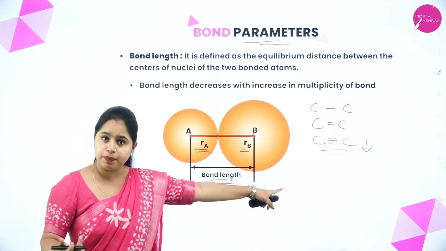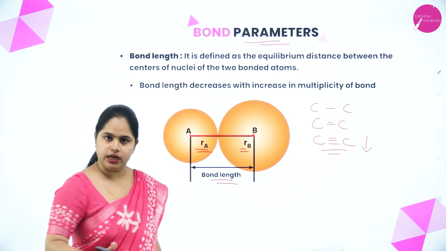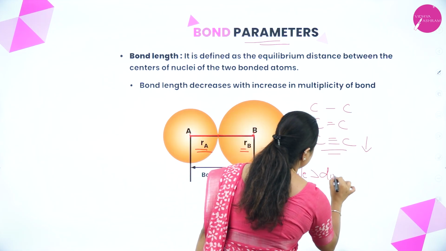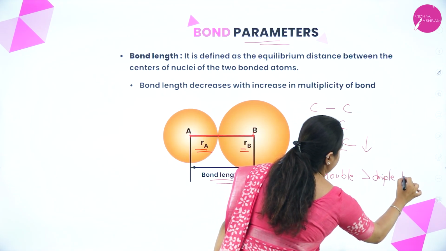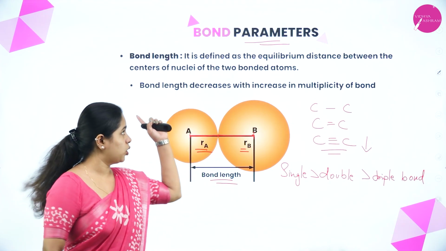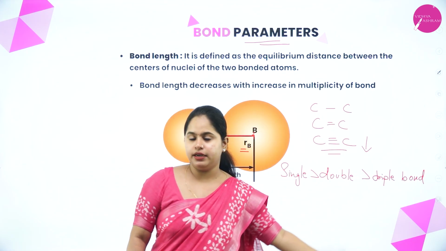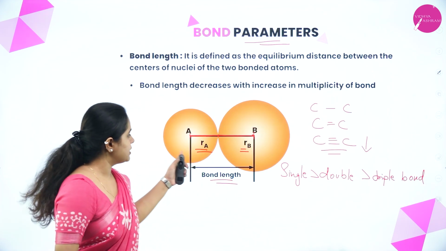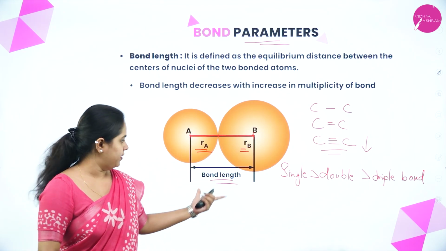So for triple bond, the bond length will be least and the highest will be for single bond, then double, then triple. As the multiplicity increases, the bond length decreases. As I said, the radius can also be calculated when the bond length is given.